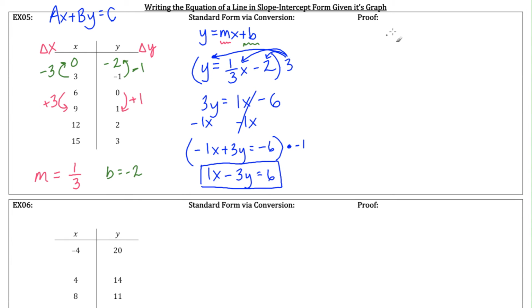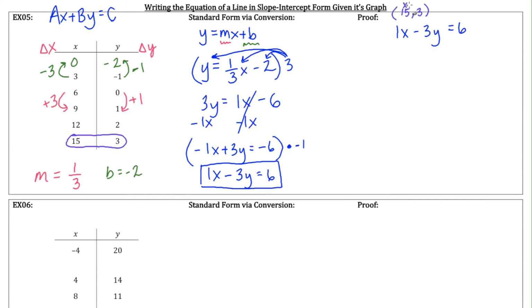So let's prove it. I'm going to take this, which is 1x minus 3y, or x minus 3y equals 6. And I'm going to choose, since this is kind of far away, 15 and 3.